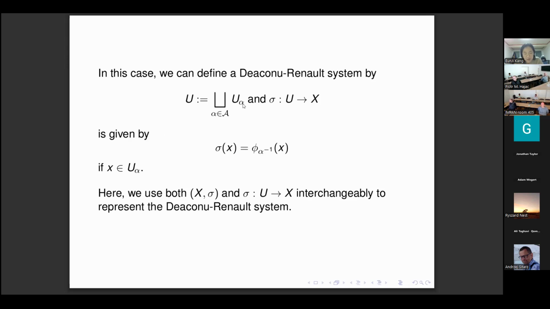And next, we define a map, which we call sigma, from this set U back into our space X. For each point in U, if the point belongs to the domain of a generator alpha, then we can apply alpha's inverse action to it. And then we have a diagonal system X sigma.